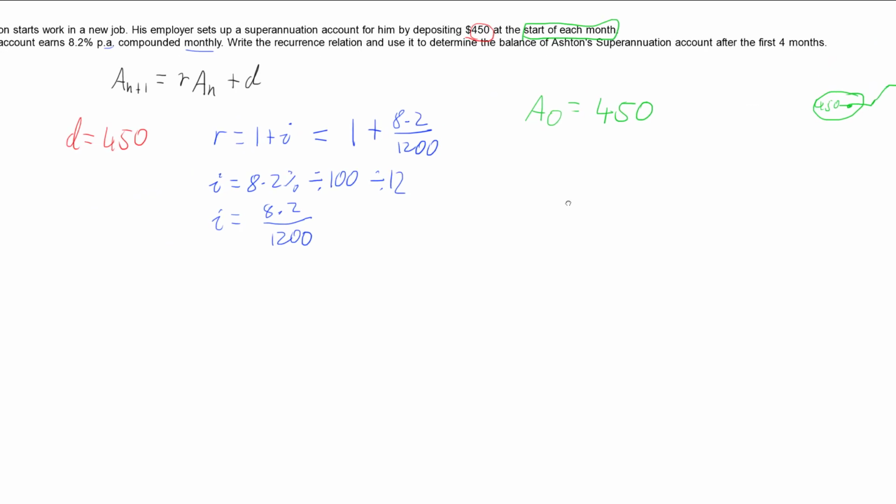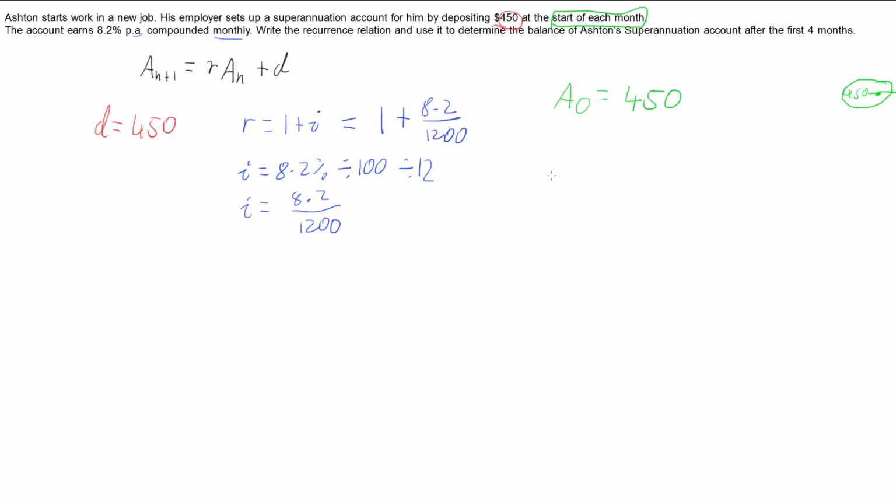And so if we use these numbers, we can make up our recurrence formula and state that A(n+1) equals R, which is 1 plus I, or 1 plus 8.2 over 1200, multiplied by A(n), whatever that is at the time, plus our deposit of 450.